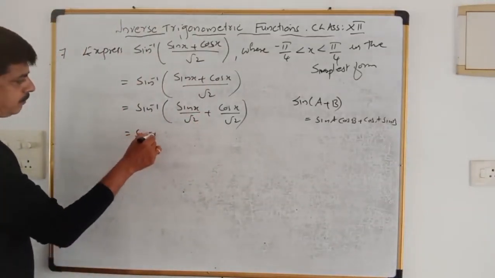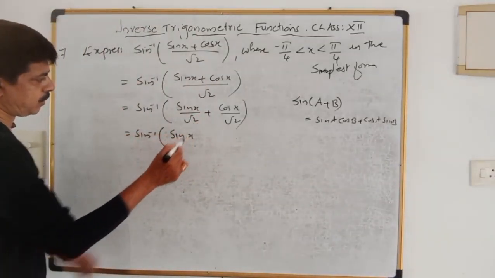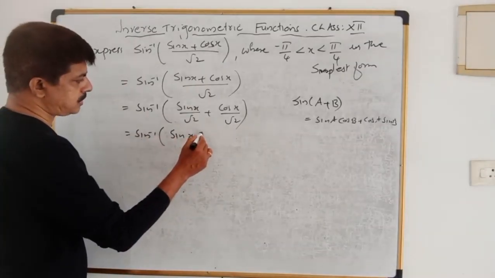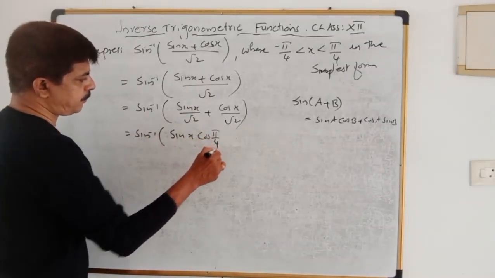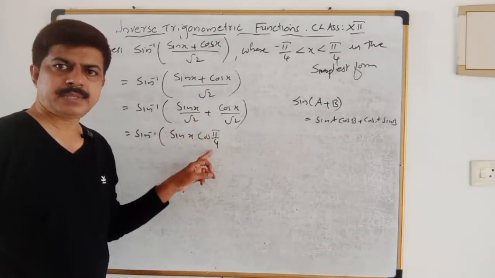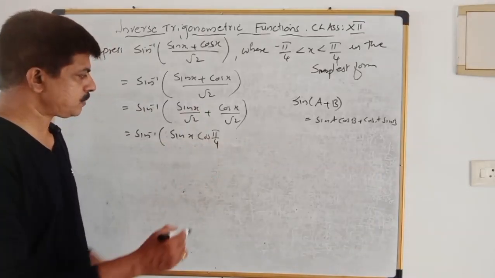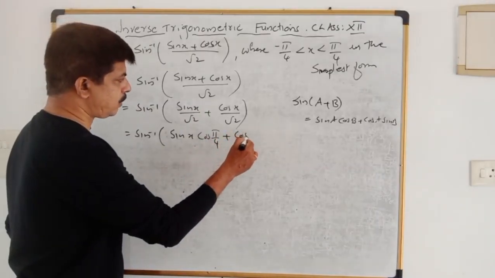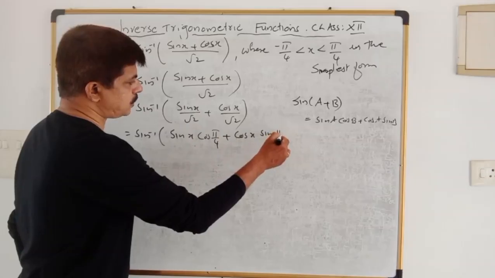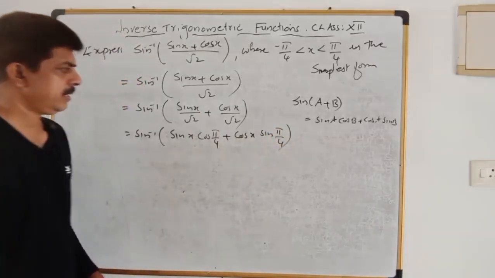So sin inverse of sin x, times cos pi by 4. What is 1 by root 2? 1 by root 2 means cos pi by 4. Okay, cos 45 is 1 by root 2. Again cos x times sin pi by 4, also 1 by root 2.